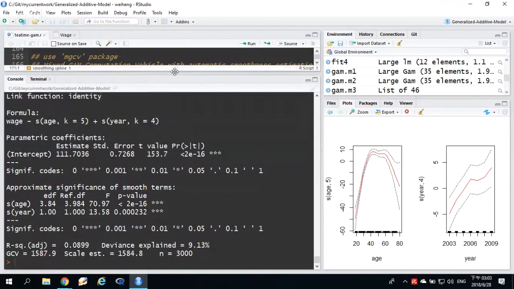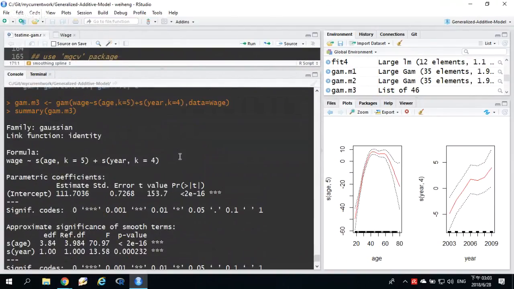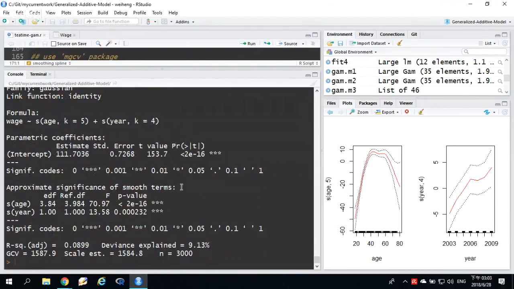It will be different from the gam function. In the mgcv package, it shows the estimated df. In this way, you can see that for age, the estimated df was 3.8. That will be better. And for year, it chooses 1. So this will tell you how to choose the df.